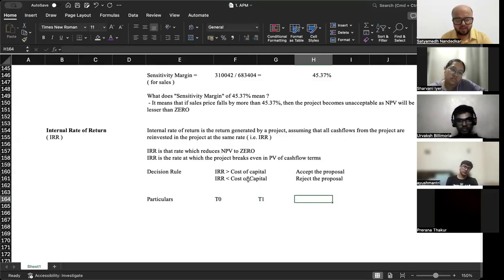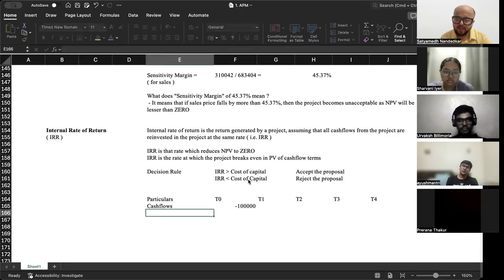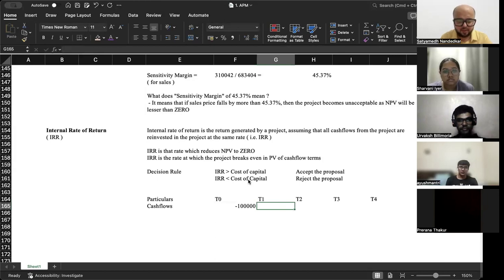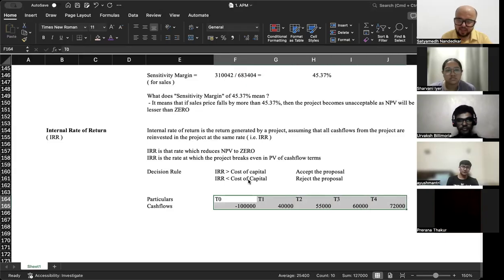T0, T1, T2, T3 and T4. Write down all the cash flows from the project. Minus 1 lakh initial investment, 40,000, 55,000, 60,000, 72,000. Okay. Now these are the cash flows.